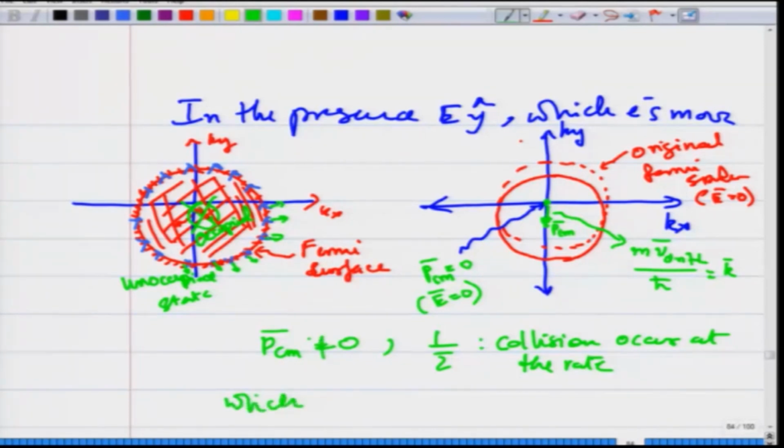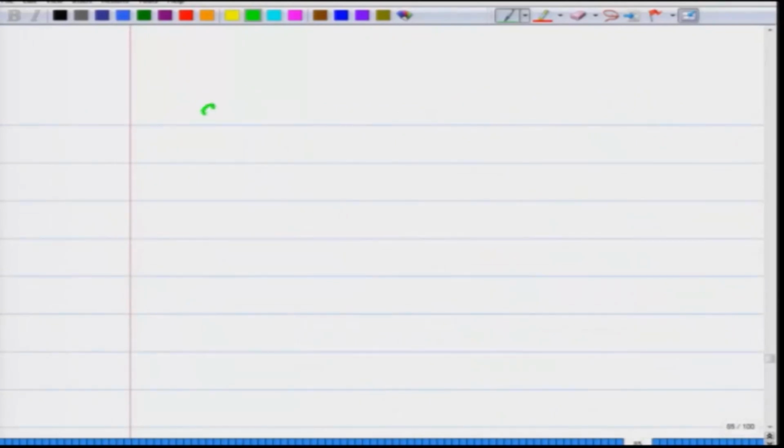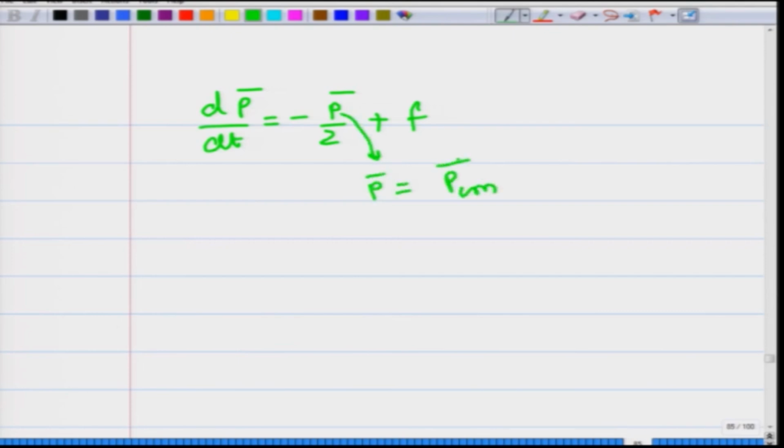So, when the center of mass momentum is no longer 0 because of an applied force, the collisions start happening, which tries to restore the electrons back to PCM equal to 0, and this is described by dP by dt equal to minus P by tau plus the force, where this P is the center of mass momentum.